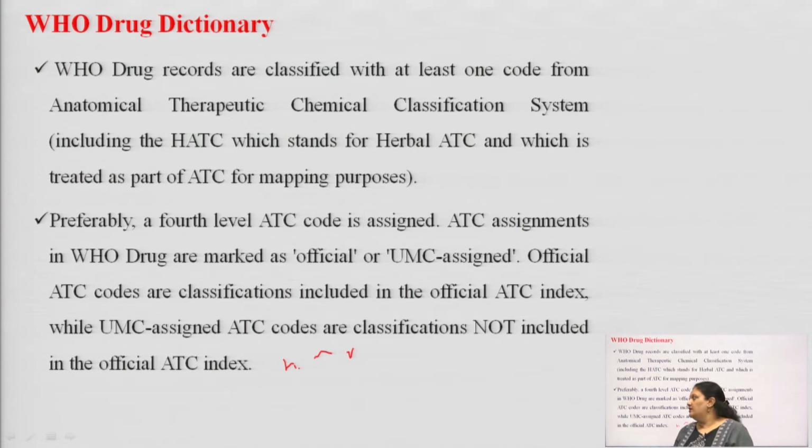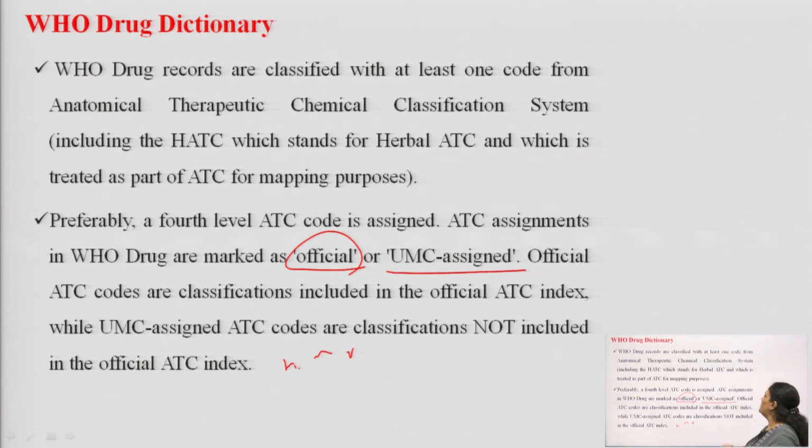Why official? The term official here is because it is as per GHS, globally harmonized system, and accepted globally. All regulatory authorities have to focus and follow the WHO drug dictionary for the same class of drug. So, WHO drugs are marked as official or UMC assigned.